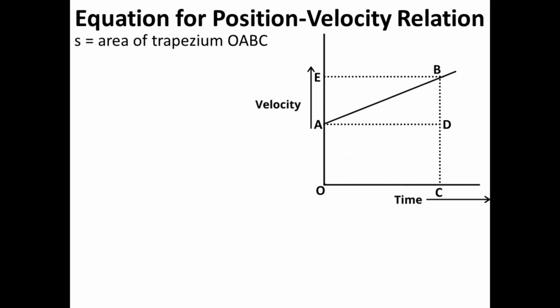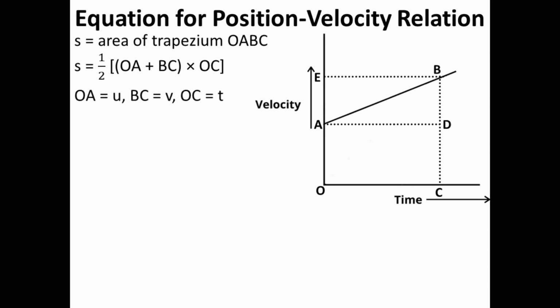Now, the area of trapezium OABC is given by 1 by 2 into the sum of its parallel sides OA and BC into the perpendicular distance between the parallel sides, that is OC. Now, OA equals to U, BC equals to V and OC equals to T. ये सभी values हमने equation for velocity time relation में find out की थी.